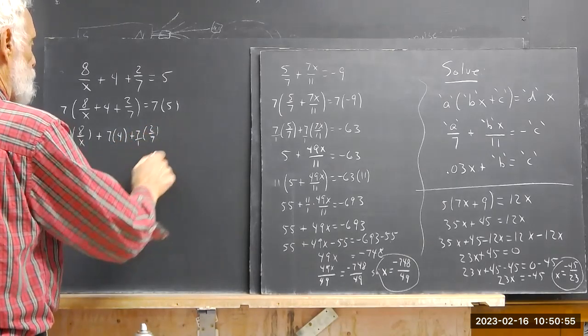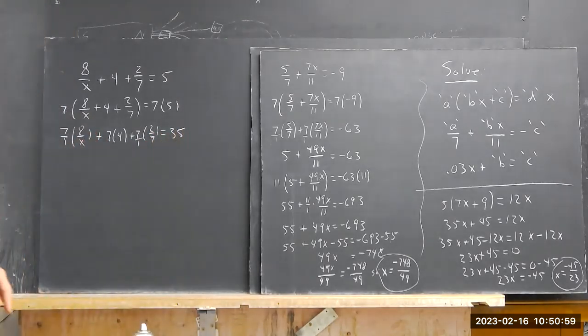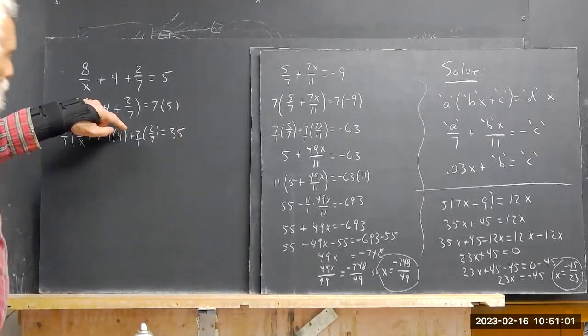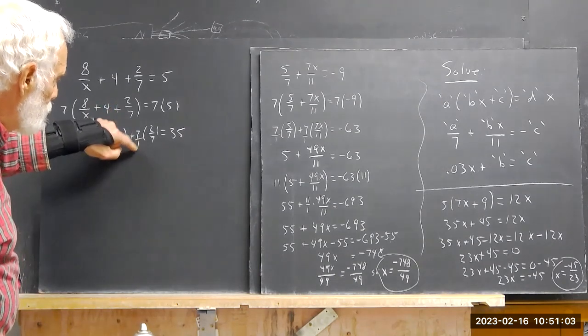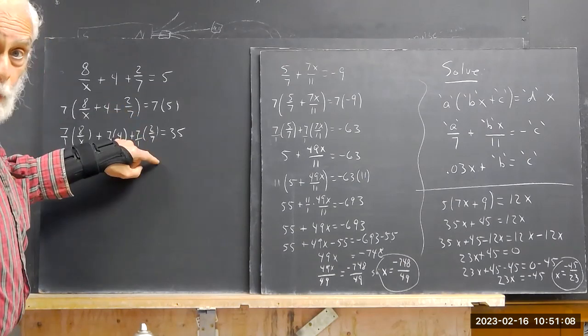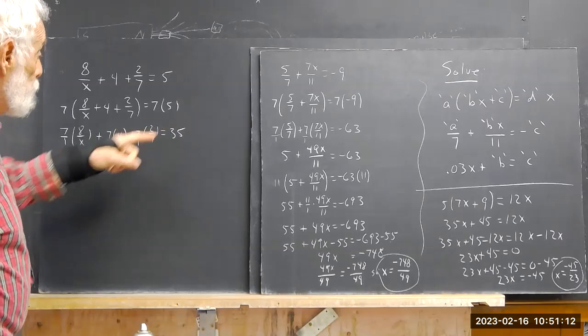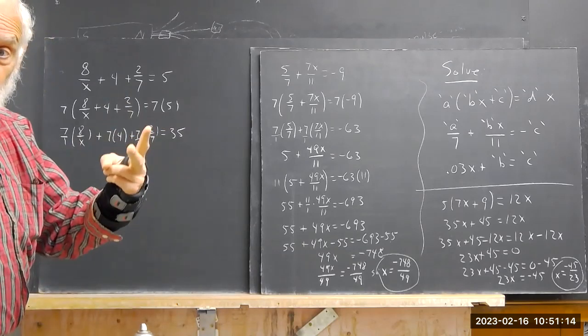And I want to write that as 7 over 1 times 2 sevenths. Now at this stage, 7 over 1 times 2 over 7 is the same as 7 over 7 times 2 over 1, because the denominators are the same either way.